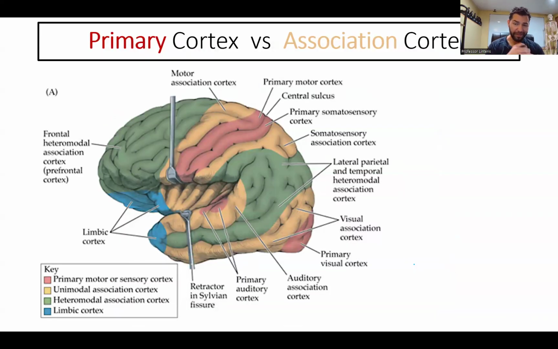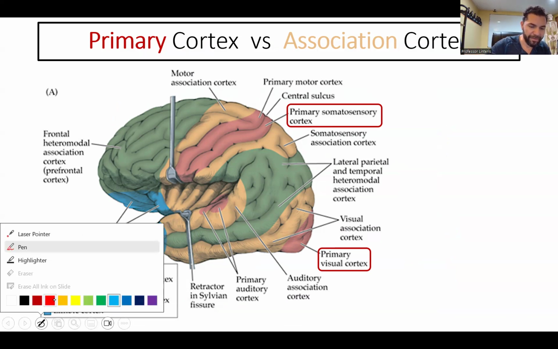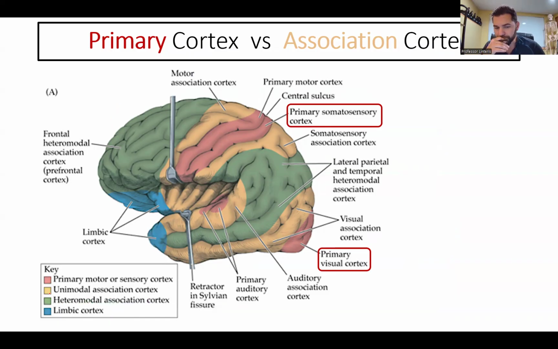So continuing to look at the cortex, you have, even within those lobes, certain areas broken into more specific functions. We talked about the parietal lobe as, in general, the main sensory area.